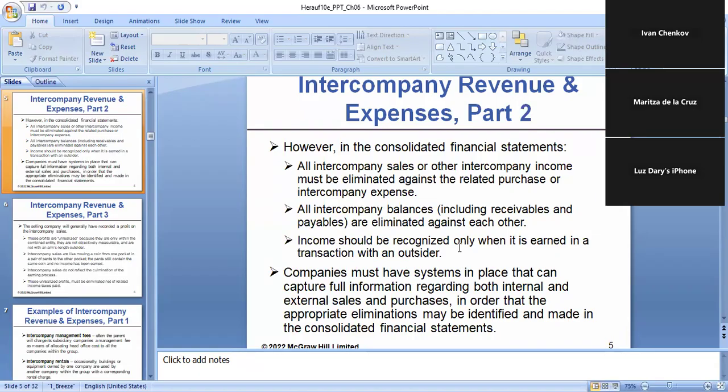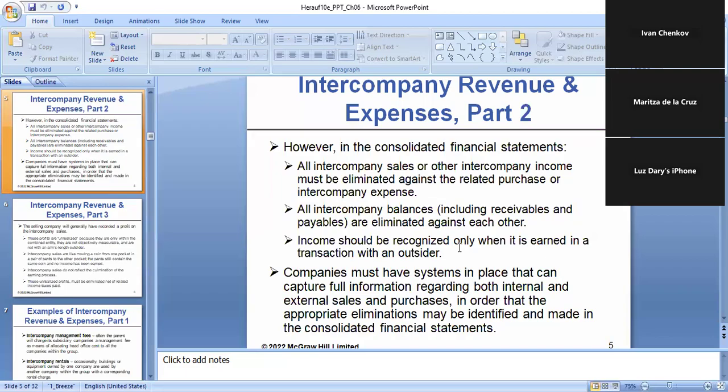All the income between the different parties within the consolidation is going to be eliminated as well. So which income is going to be shown? Only the income which is realized in transactions to outsiders, to third parties.